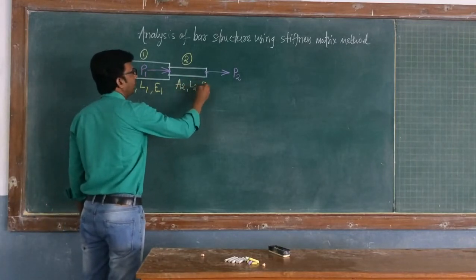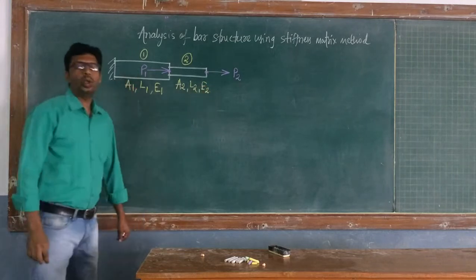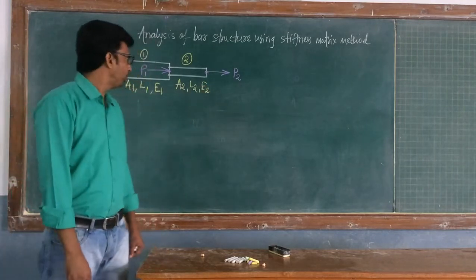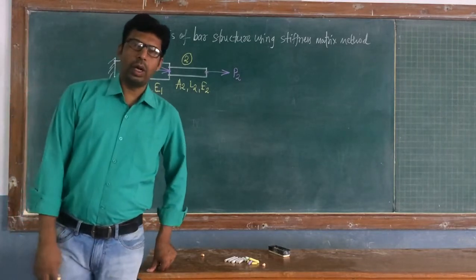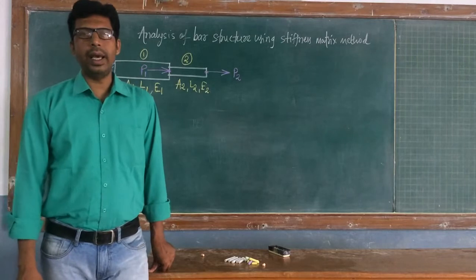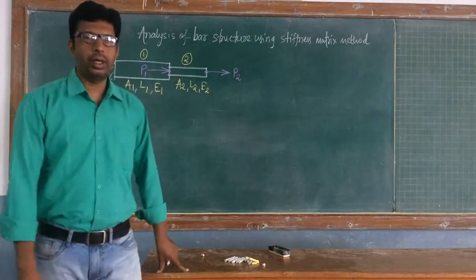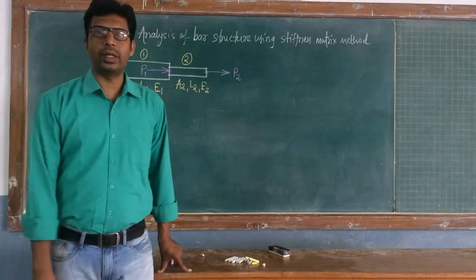Similarly, this A2, L2 and E2 will also be given to you. This will be the given data. Now the question will be, analyze the given bar structure using stiffness matrix method.